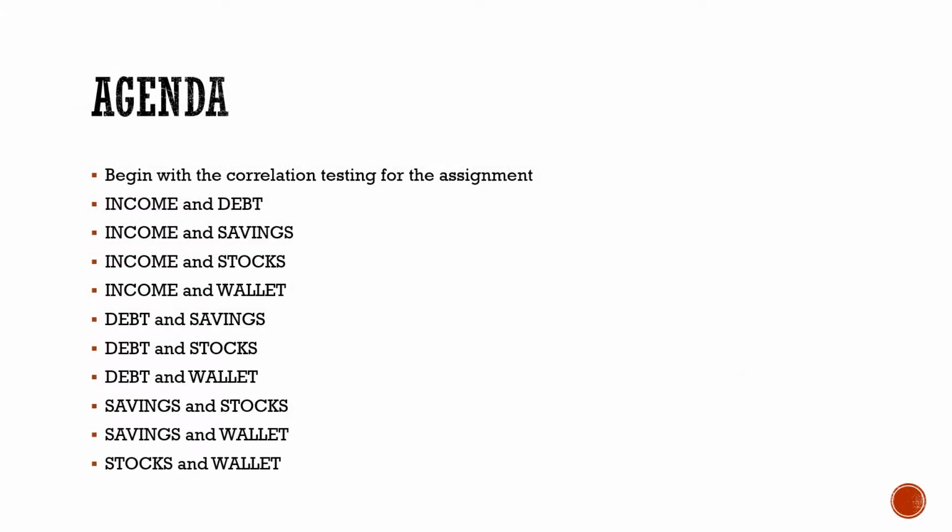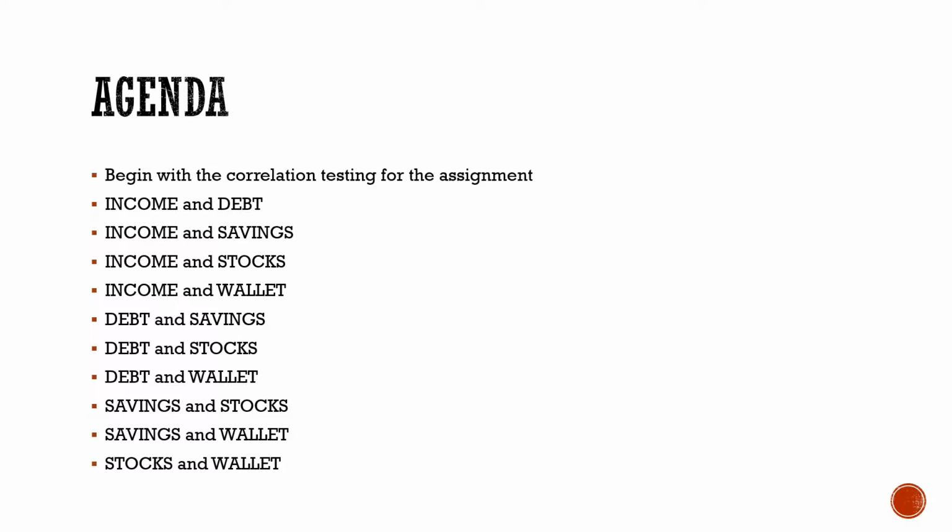The agenda for this presentation is that we're going to begin with the correlation testing for this assignment, and below are the different tests that we did with the data that we downloaded in the assignment.